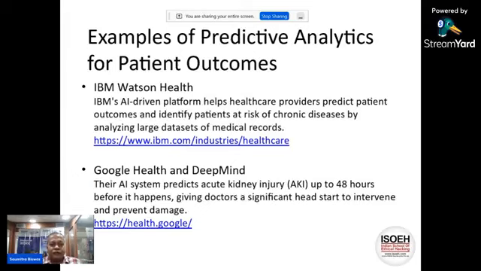I have only shown two examples: IBM Watson Health and Google Health and DeepMind. Now, IBM Watson and Google DeepMind, these two are early systems of artificial intelligence. When I say early, they were created early.